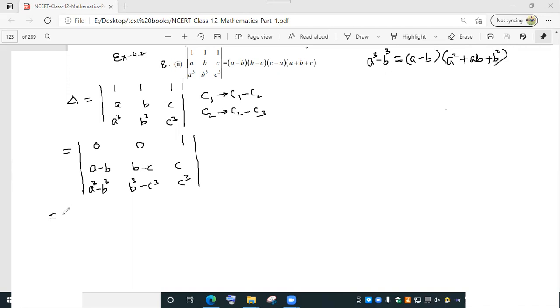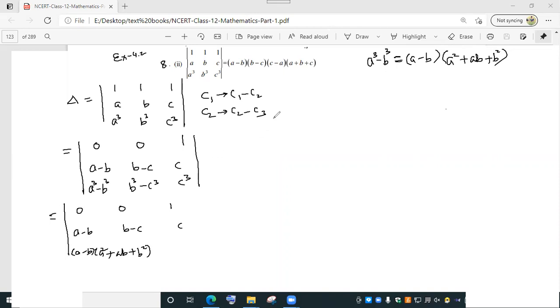So we can write the first column as 0, 0, 1, the second entry a minus b, b minus c, and a cube minus b cube as a minus b into a square plus ab plus b square.